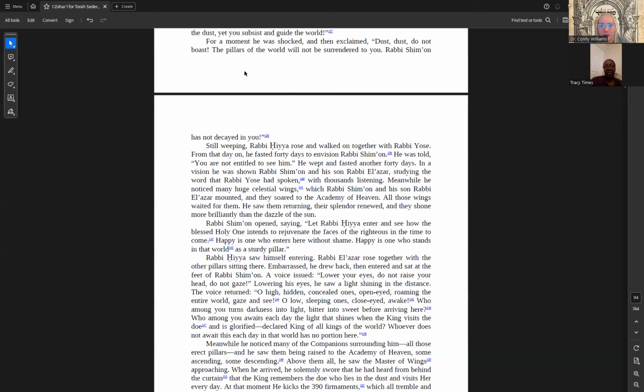How does it do that? Well, Rabbi Shimeon supposedly is the original author. We know Moshe de Leon has penned it. It's still going on, right? And even if he is not the original author, his name is being mentioned so often.